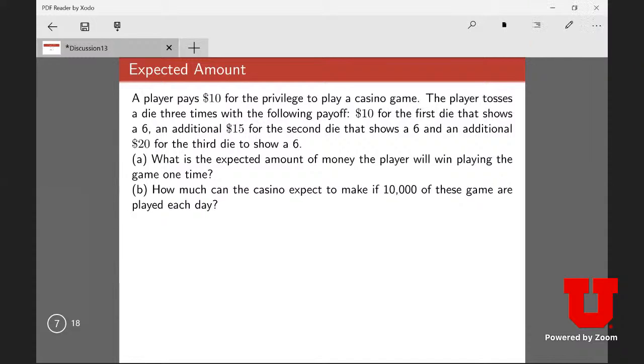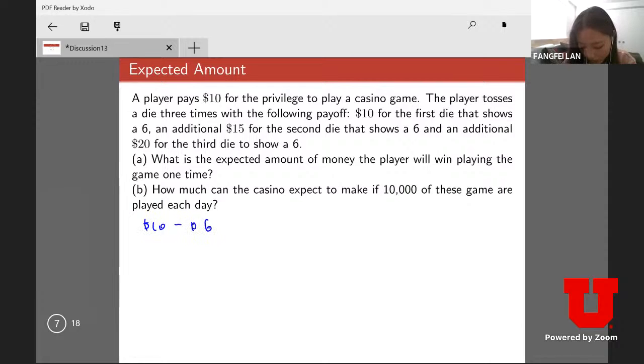So what are the 3 different ways to win? Through any die roll being a 6. Okay. So then if the player rolls 1 6, how much does he win? He gets $10. Okay. So $10 for 1 6, right? I'm going to write 1 6. Okay. So 2 6.